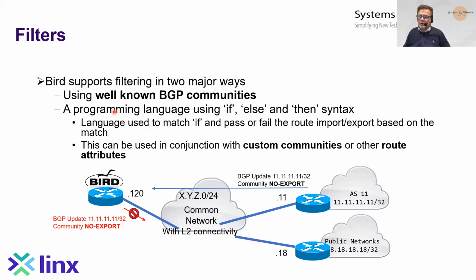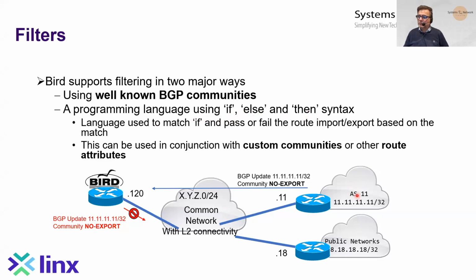Additionally, what Bird has is a very simple programming language using if, else, and then, but without the use of loops. So we have to have kind of nested if and else. And I'll show you the setup that I have for a particular example. So what this allows us to do is to be selective.